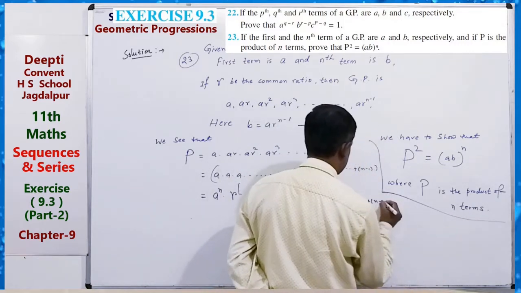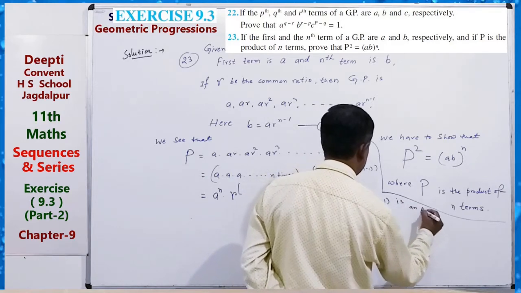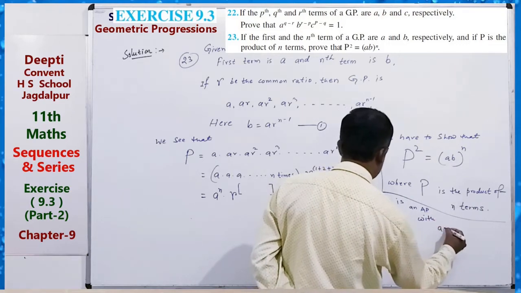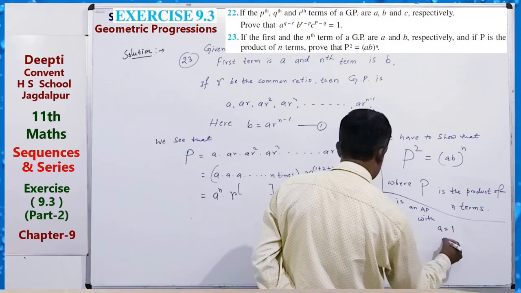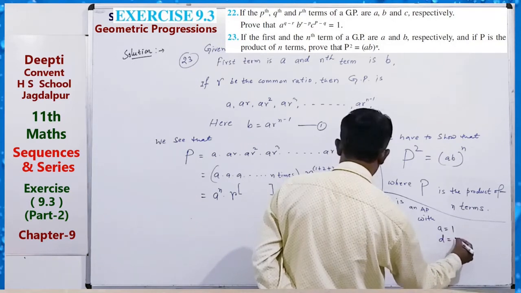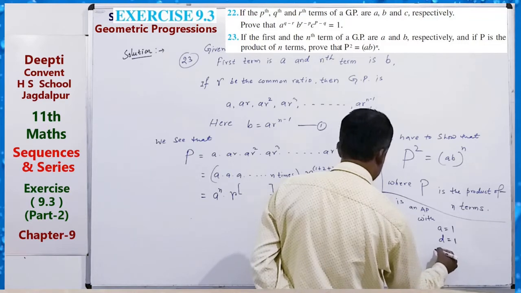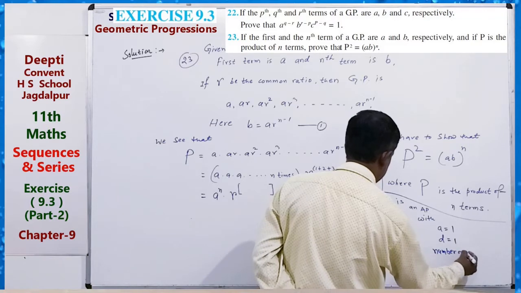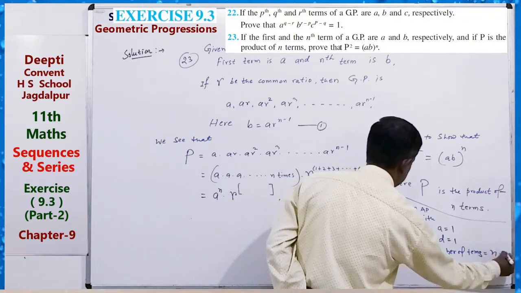This is an AP. First term 1, common difference 1, and number of terms n minus 1.